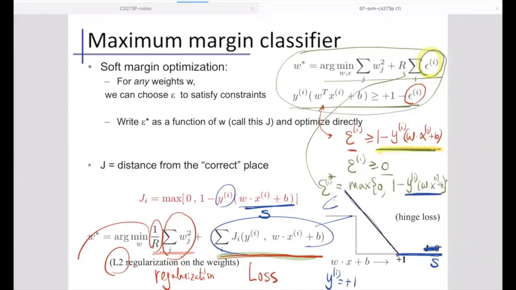Now, if your score is very negative, then 1 minus a negative score becomes a positive number, 1 minus S. So you can see it goes up linearly on the very negative side. And the loss function looks something like this. All right, so let's rewrite it here. That's my new loss function.